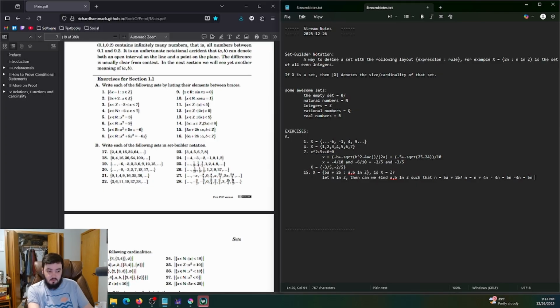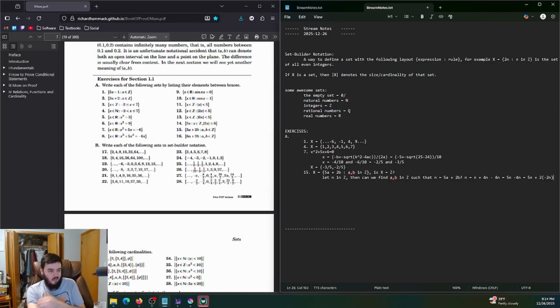These are in Z, so we can have all the negatives we want. Plus 2 times negative 2n. Let's do it like that. Boom. Okay, so a and b are n and negative 2n, right?